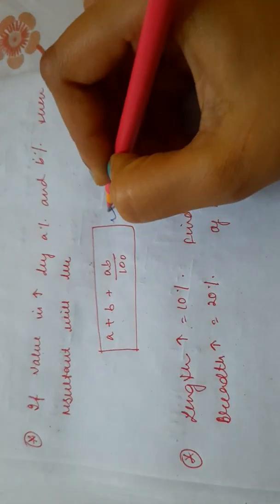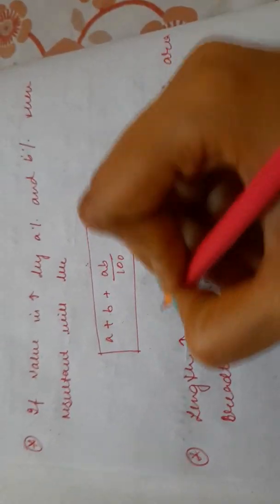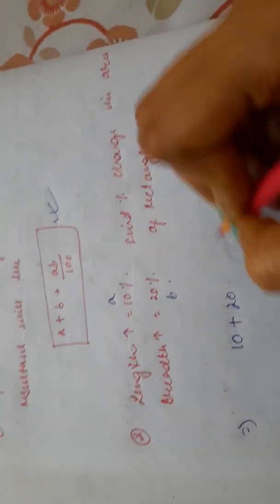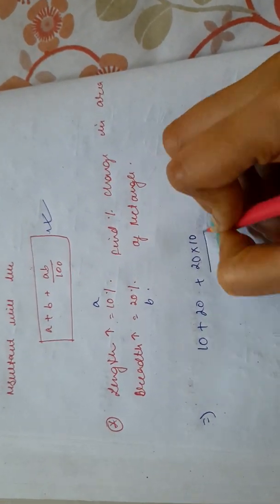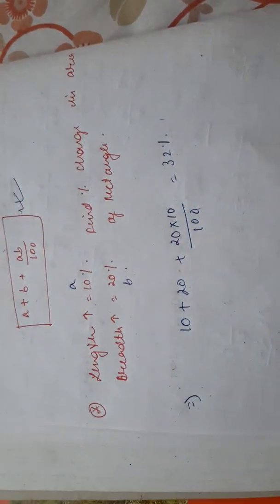Length increased by 10%, breadth increased by 20%. Find the percentage change in area of the rectangle. If you know this shortcut, then you can directly write: this is A, this is my B. So 10 plus 20 plus 20 into 10 by 100. So it's 32%.